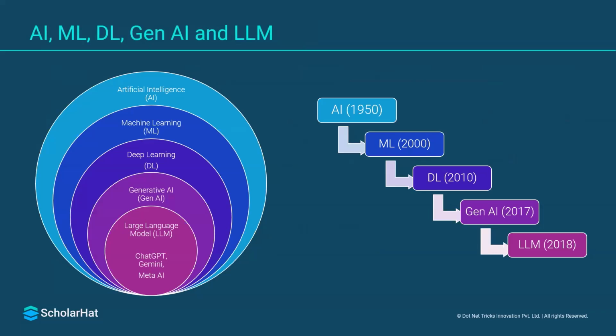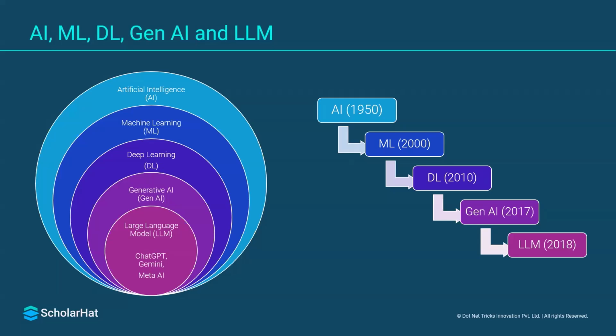When it comes to the relationship between AI, ML, DL, Gen AI and LLM, this is the circle we have around that. And how innovation happens, it happens gradually. AI is not a new thing. AI has been available as a concept since 1950, when the AI concept was first introduced.